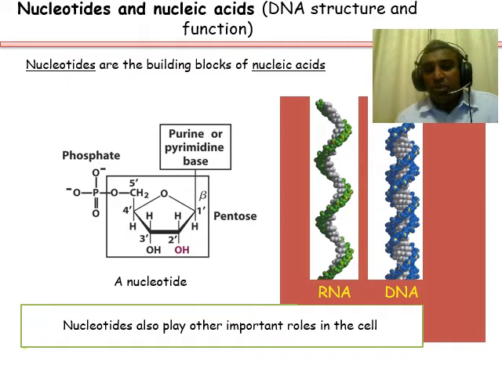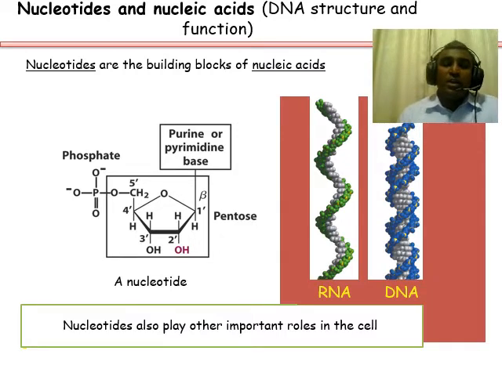While the bases for DNA cannot have uracil, but it's more like A, T, G, C: adenine, then you have thymine, and then you have guanine and also cytosine, just like what is found in the RNA. The only difference is in RNA you have uracil, while in the DNA you have thymine.